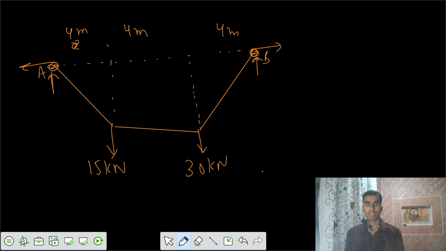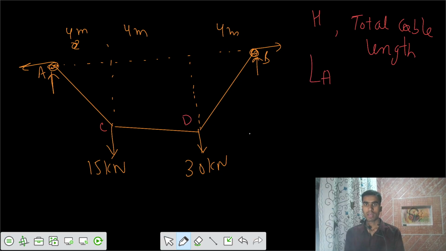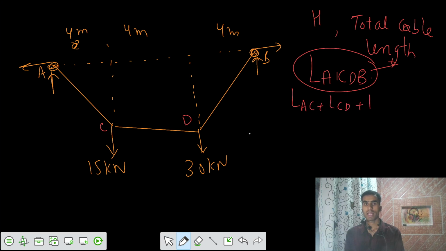Now we need to get the value of H, that is the horizontal reaction, and we need to get the total cable length. So let's say this point is C, this is D. We need to get the length LACDB, and that is equal to LAC plus LCD plus LDB.